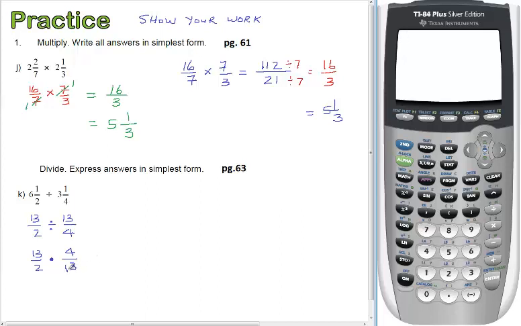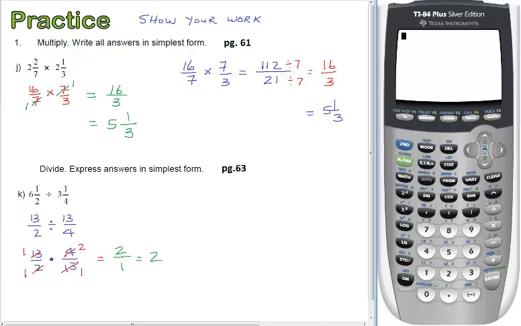And we should be able to see you can. Now you can only cross cancel when multiplying. So 13 goes into 13 once, 13 goes into 13 once. Look at that. 2 goes into 2 once, and 2 goes into 4 twice. So all you're left with is 2 times 1, which is 2, over 1 times 1, so this simplifies to 2.